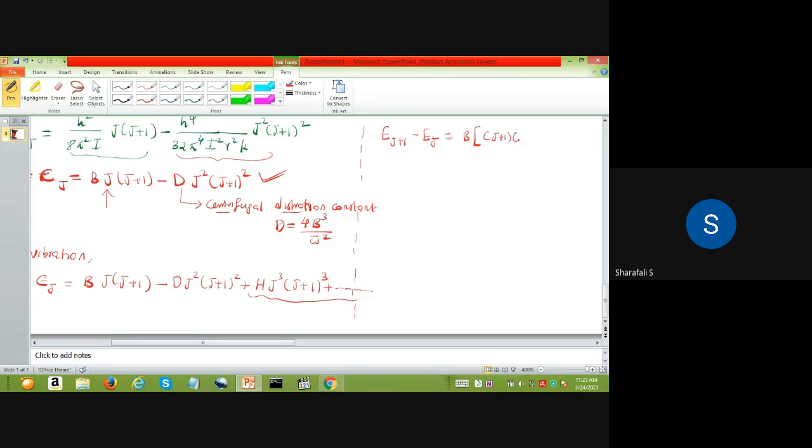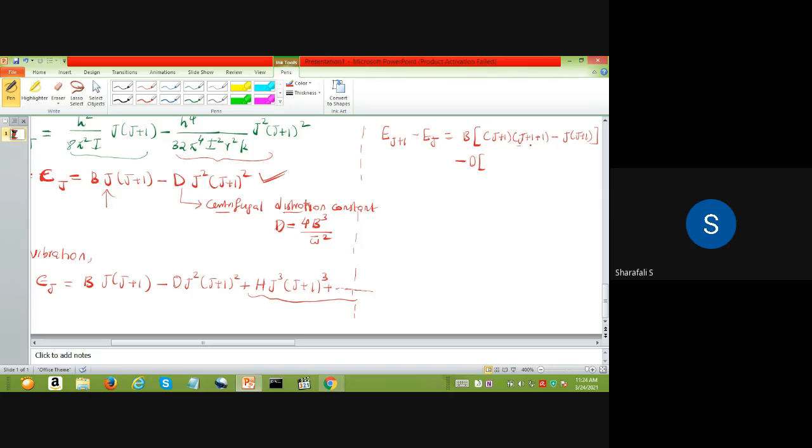So J plus 1 into J plus 1 plus 1, minus the next term, that is for J, so that is J into J plus 1. Then we have that coefficient D, that is minus D times.